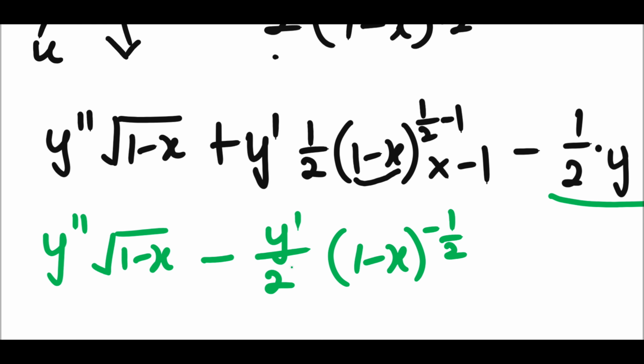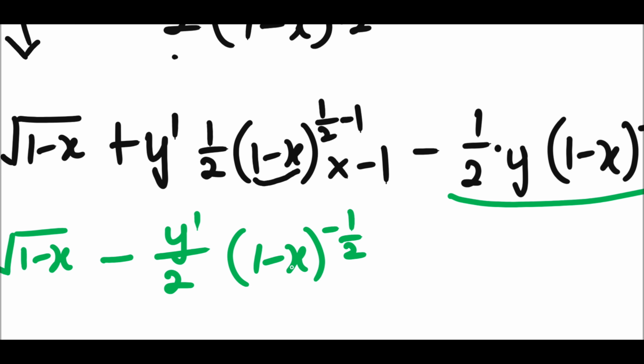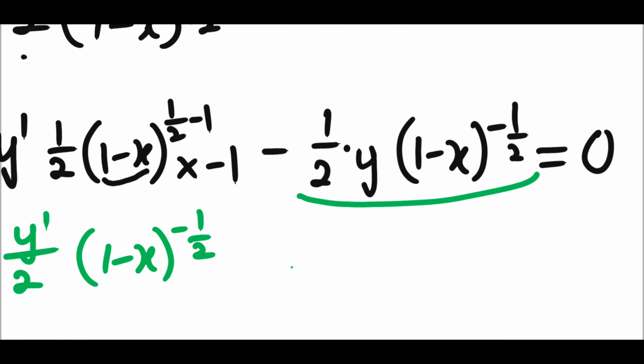So let's just now work on the other side. Here, let us bring our negative half out and apply the product rule to y. When you differentiate y, you are going to get 1, so it's going to be 1 times y prime.